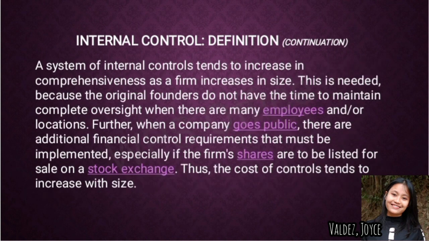The next one is that a system of internal controls tends to increase in comprehensiveness as a firm increases in size. Actually, this is needed because the original founders did not have the time to maintain complete oversight when there are many established employees or locations.